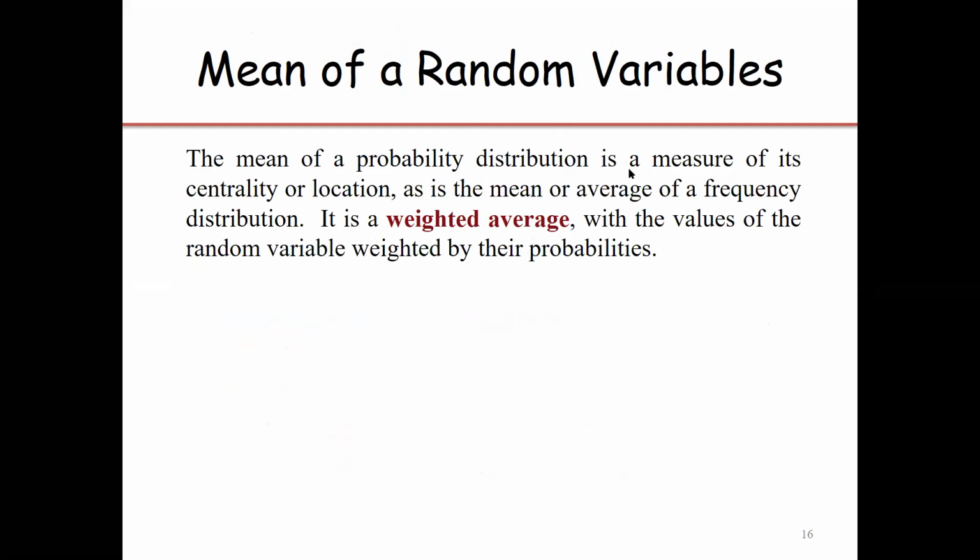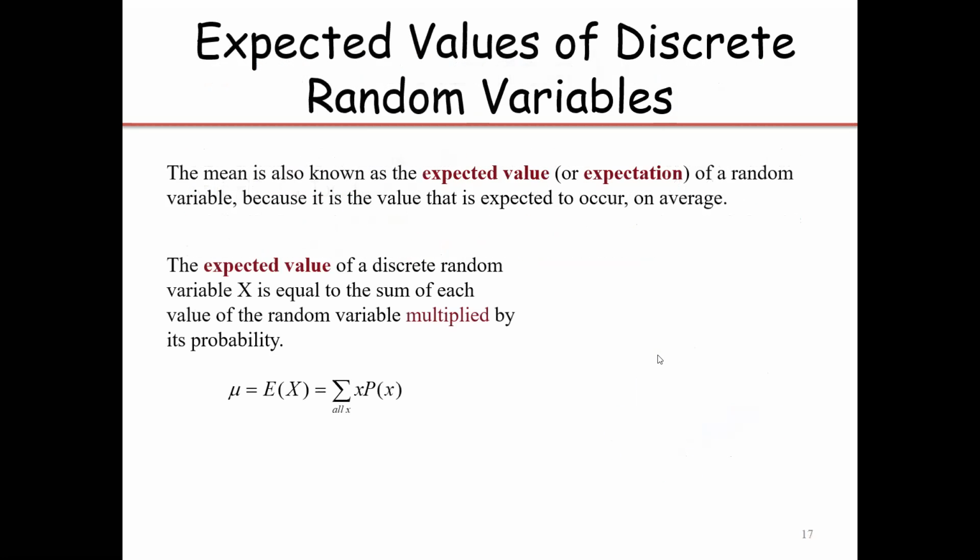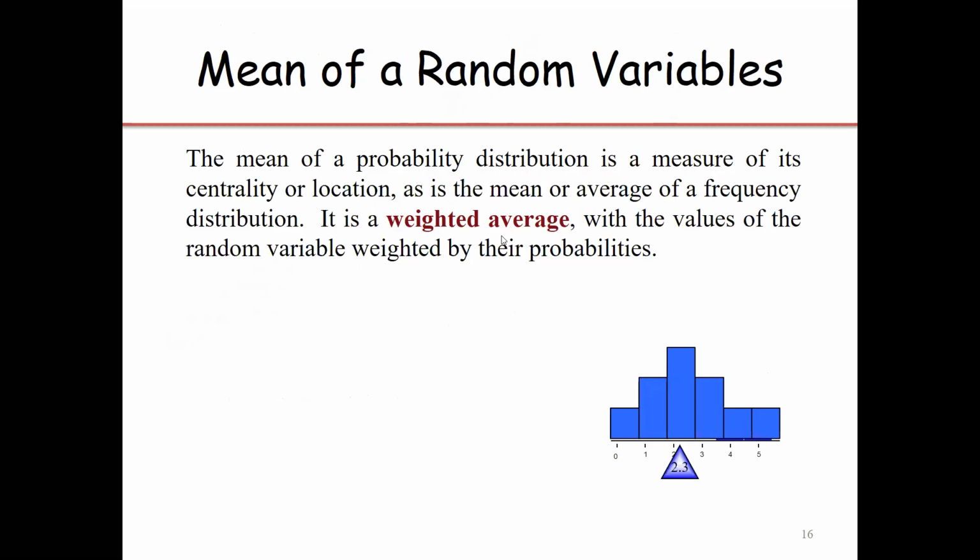Now the next topic is mean and variance of a probability distribution. Mean of a probability distribution can be computed when x and px are given to you. You have to construct one more column. That column is x times px.